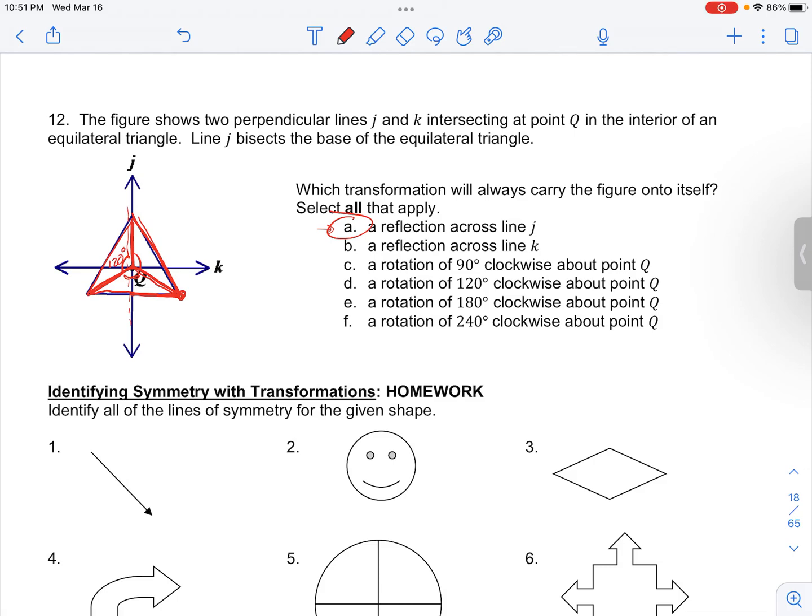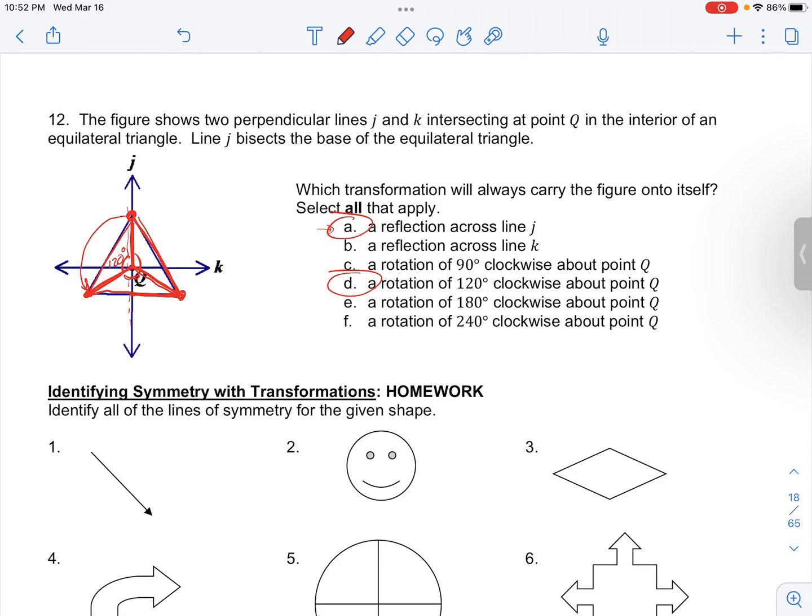So if we take this top point and we want to rotate it 120 degrees clockwise, that would bring it directly onto this vertex over here, and we can perform the same action for all the other vertices. So that would give us a figure that would map onto itself, and it has threefold rotational symmetry.